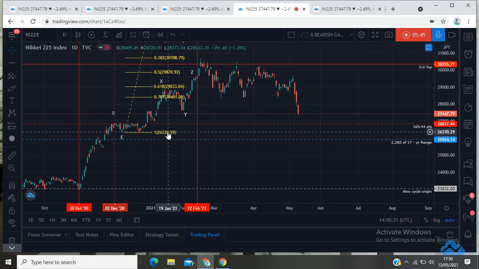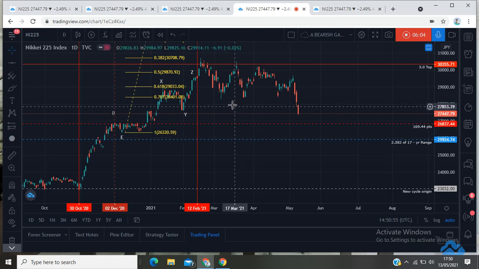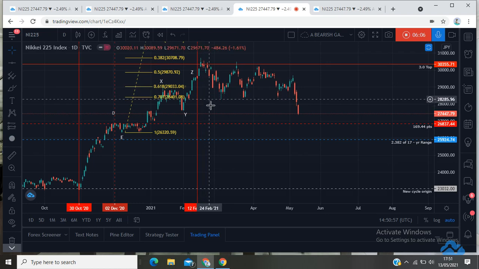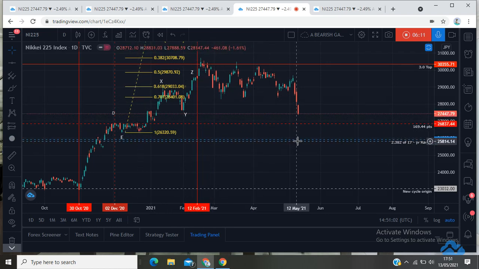But as we can see, we said that our new side, or the origin of our new triangle vertex, was at point E, which is a little bit higher than the 0.618 correction range. So ideally, we don't expect price to come below point E, but if in case price will come, then it should not close below this 0.618 correction range of the 17-year cycle.